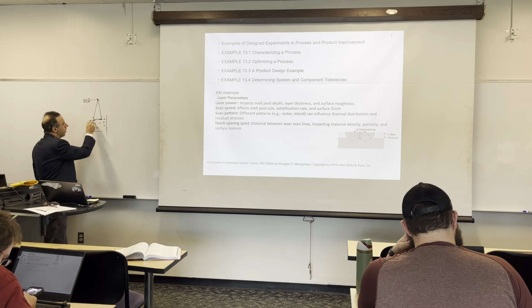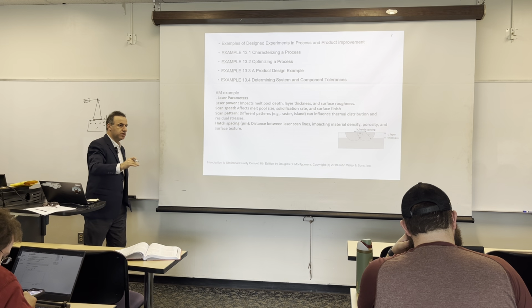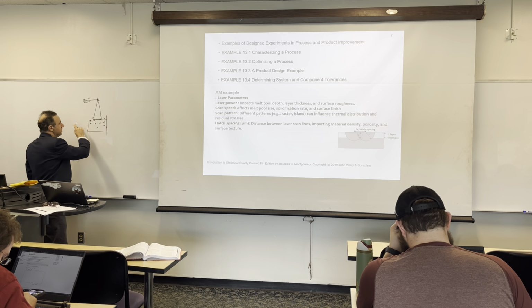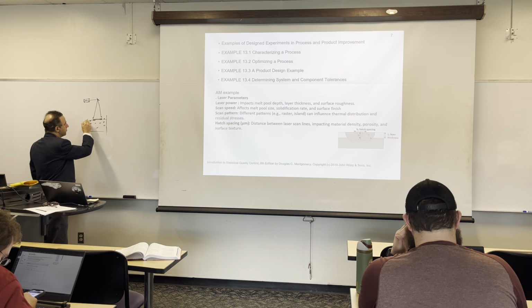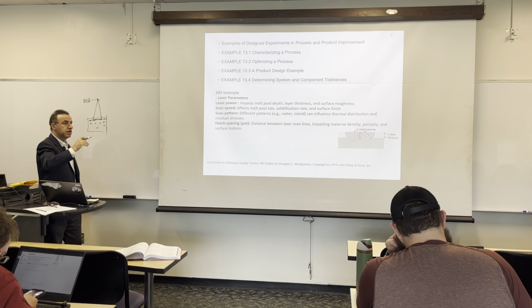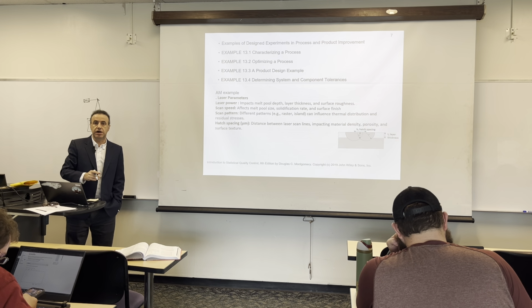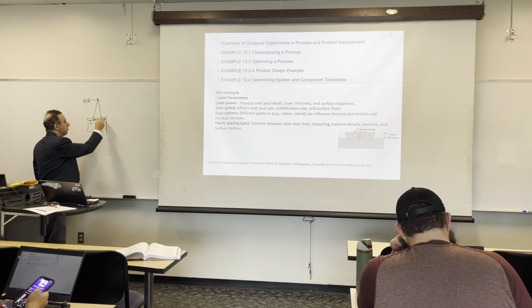So it's making one layer of the solid part. And then you have a recoater system that is going to bring new powder on top of the previously solidified material. So you have fresh powder.